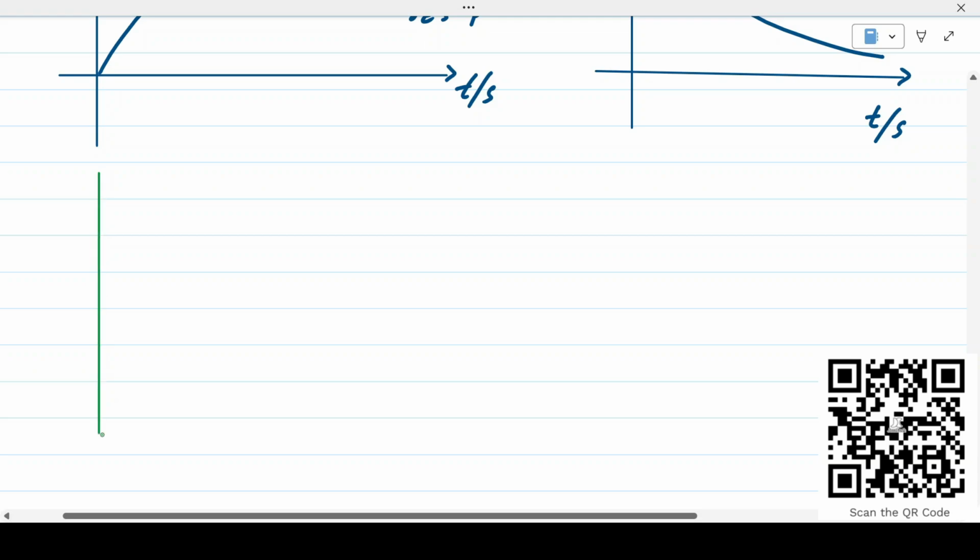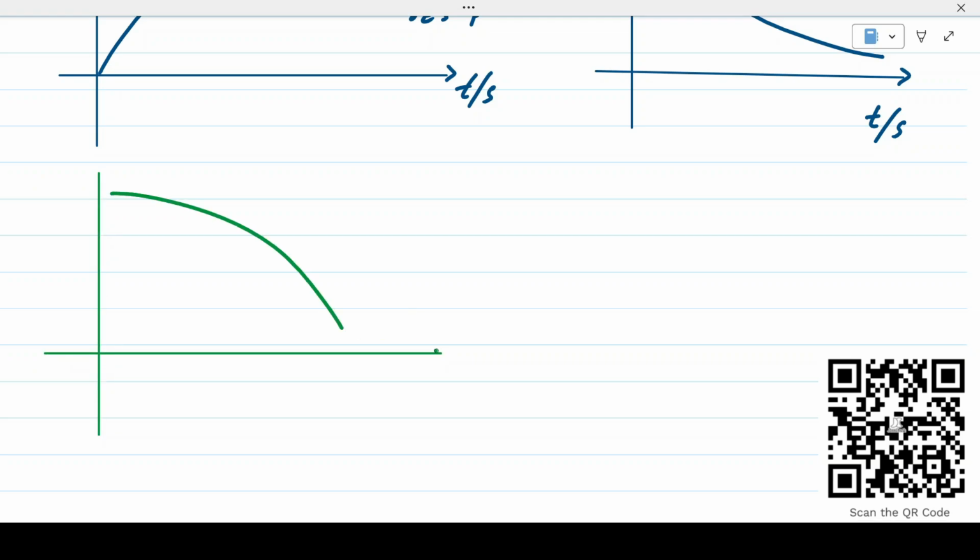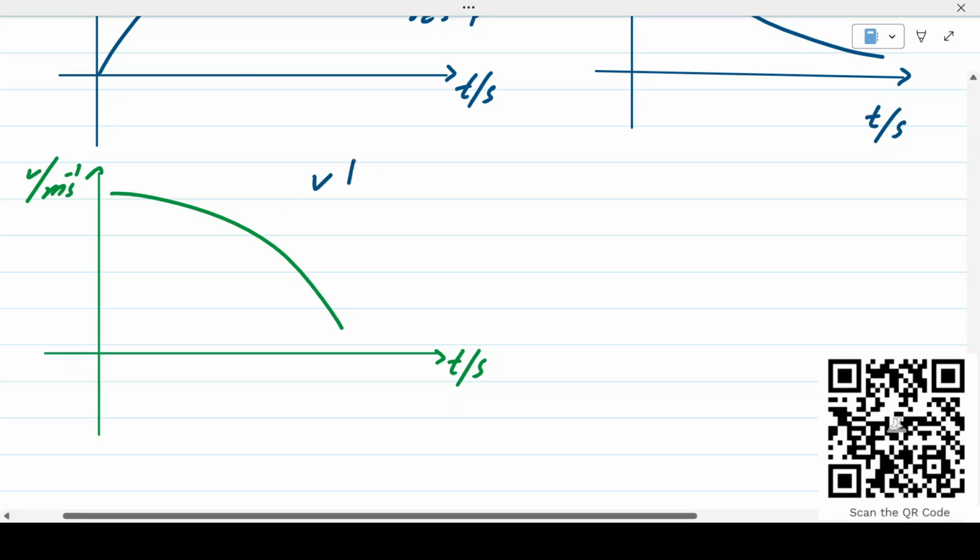And if you have a situation like this, so if we take a look at this graph, first of all, the velocity is being decreased.